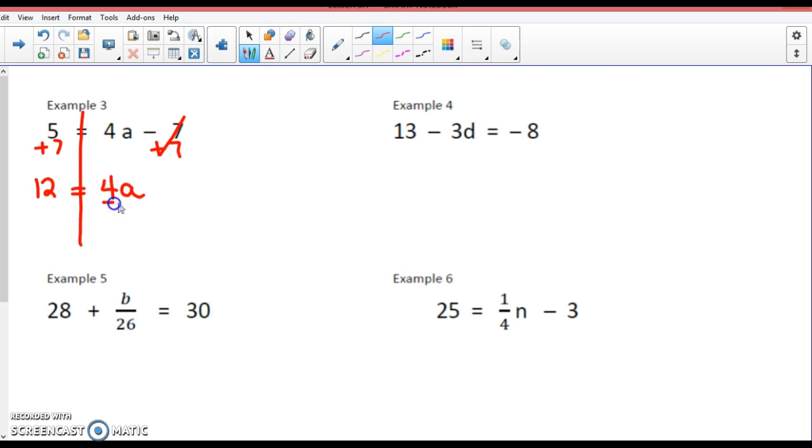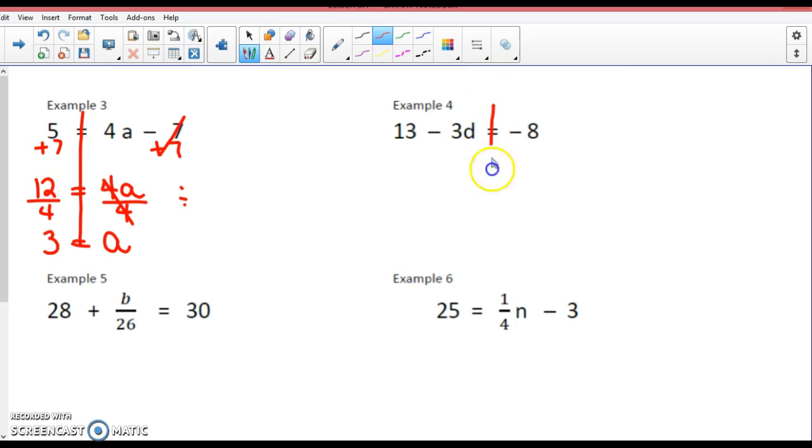Watch how I'm going to show this, guys. Divide by 4, divide by 4. I do not want this little division symbol. We're not in elementary school anymore. 12 divided by 4 is 3. 1a, it's just a. Done. The answer is 3. All right.